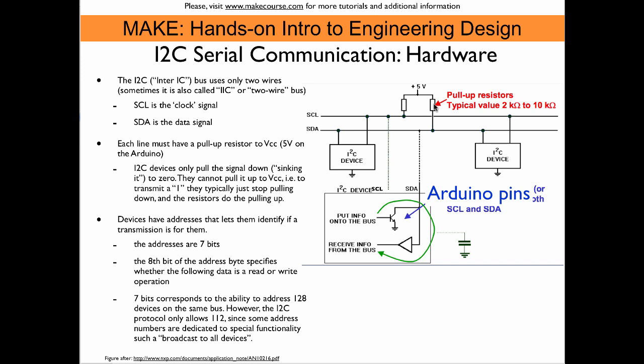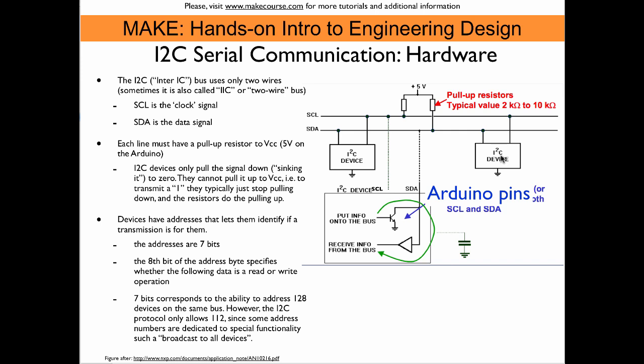There are usually 2 pull-up resistors, one for each of the lines, and these resistors make sure that the lines are at 5 volts if the devices that are connected do not pull them down to 0. So I2C devices typically do not have the capability to apply 5 volts to the bus, but they are able to pull it down to 0.